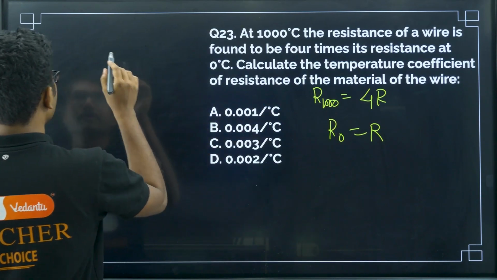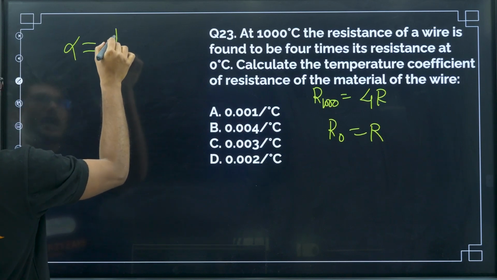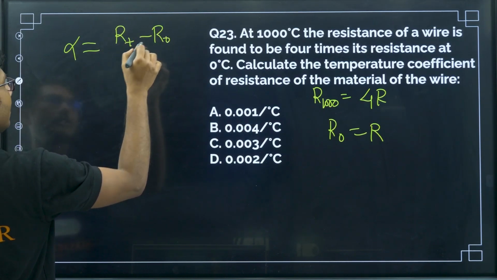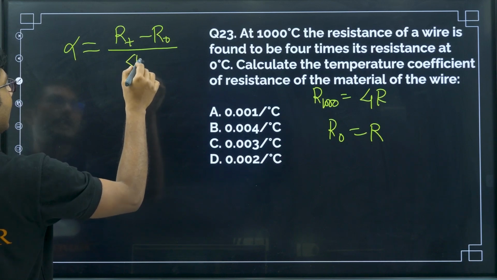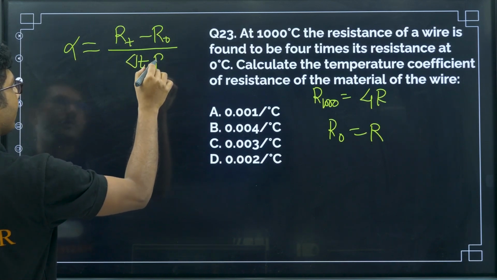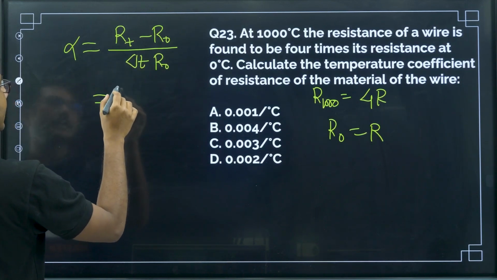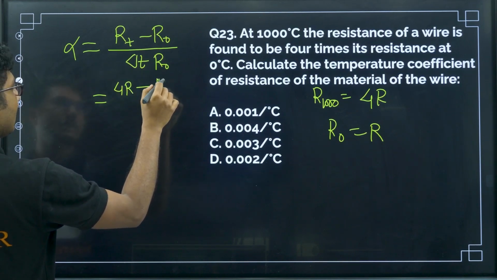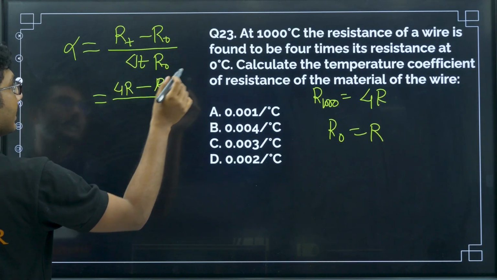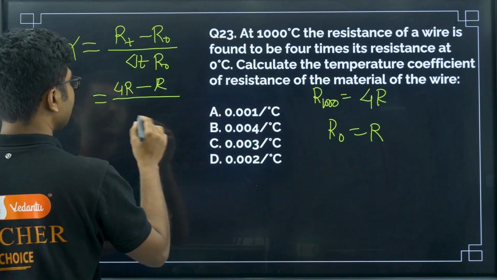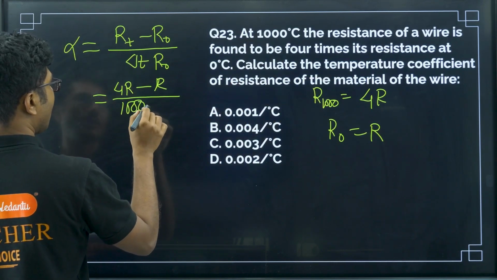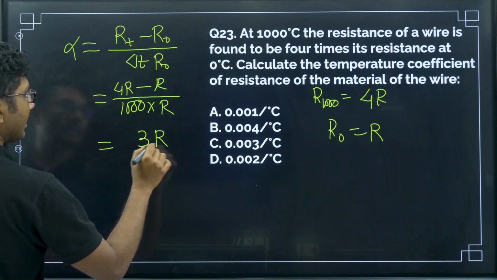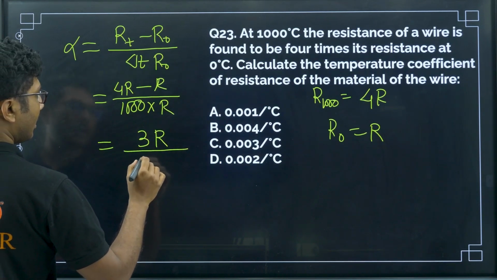Now I already told you the temperature coefficient is (RT minus R naught) divided by (delta T times R naught), right? So RT is 4R minus R, divided by delta T, which is 1000 minus 0, that is 1000, times R. So 3R divided by 1000R.